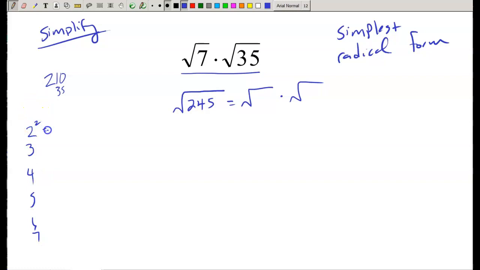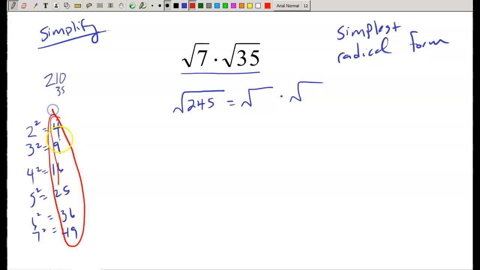Perfect squares would be, like, 2 squared is 4, 3 squared is 9, 4 squared is 16, 5 squared is 25, we have 36, we have 49, etc. Trying to think about, are any of these numbers right here factors of 245? Do any of them go into 245? And so if you do a little experimentation and you try to divide 245 by any of these numbers, you'll see that 49 actually goes in there.